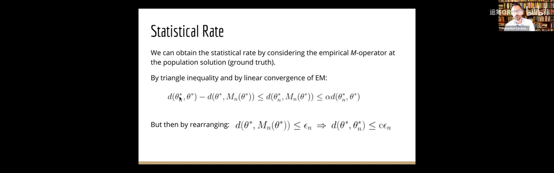Just by triangle inequality, we get that the difference between theta star n and theta star, if we call that epsilon n, is controlled by how far away the finite sample EM operator, M n, moves us from the population solution.